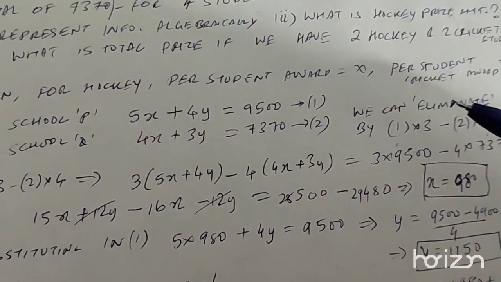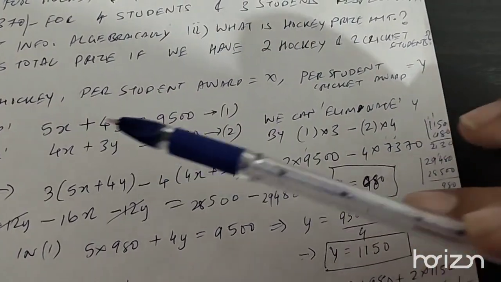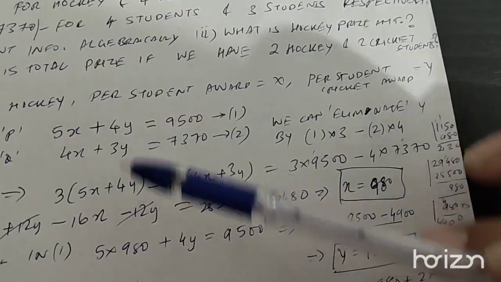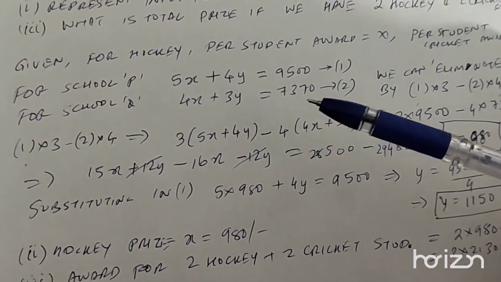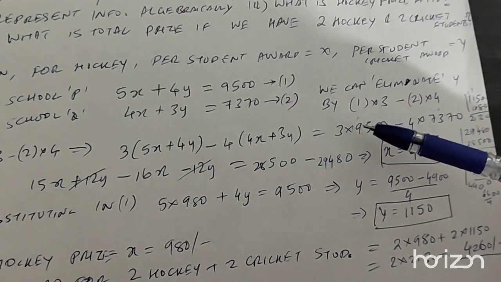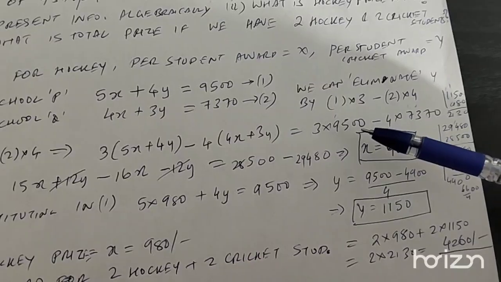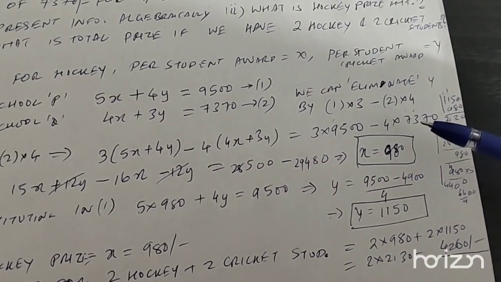Now again we can do it by elimination. If you do equation 1 into 3 minus equation 2 into 4, y will get eliminated. That's what we are doing here: 3 times 5x plus 4y minus 4 times 4x plus 3y is equal to, on the RHS also you have to multiply, 3 times 9,500 minus 4 times 7,370.